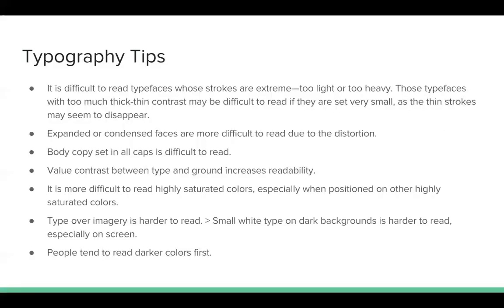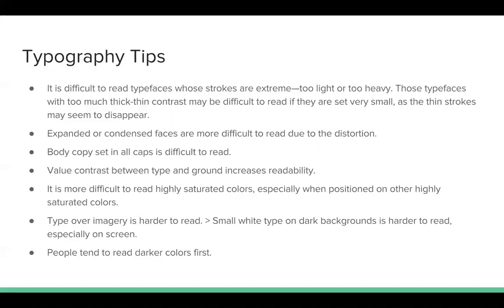So let's talk about some tips, because when you first start off, there are so many fonts out there, it can be so overwhelming. So how do you figure this out? Just before I get into what the rule books say on typography tips and tricks, find a well-drawn font.